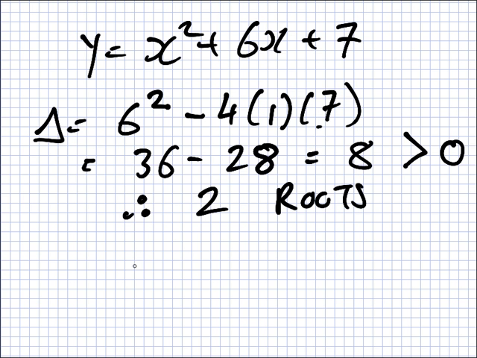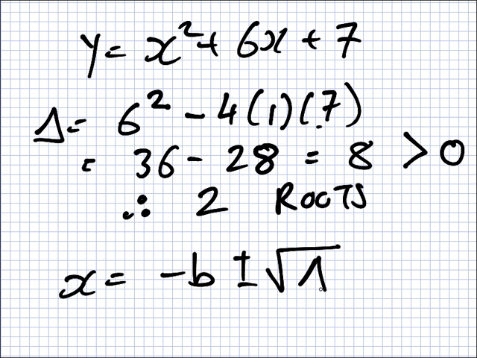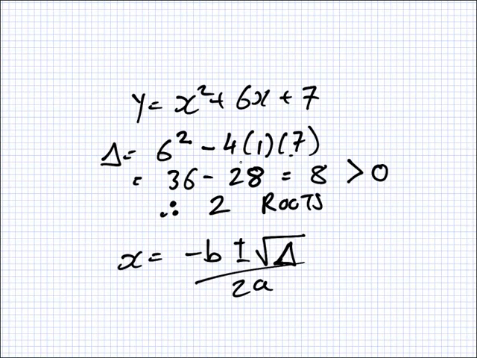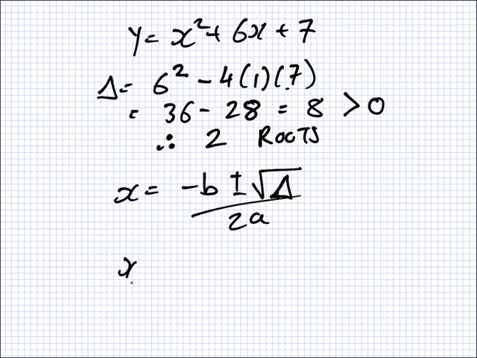If you want to use the discriminant to get the roots, you can use this fact next, that the roots are minus b plus or minus the square root of the discriminant all over 2a. So that will be x equals minus 6 plus or minus root 8 over 2a, which is 2.